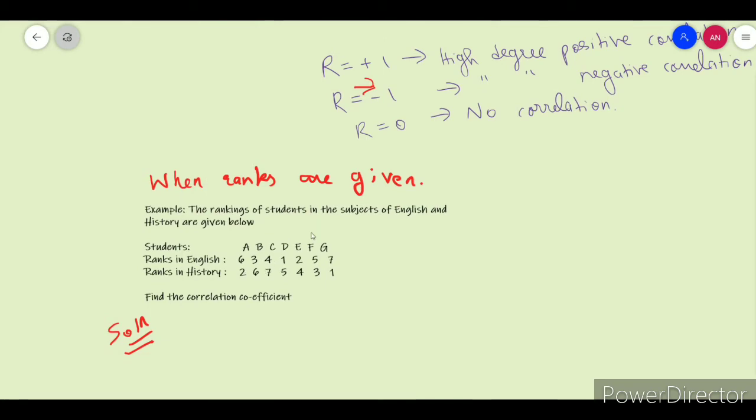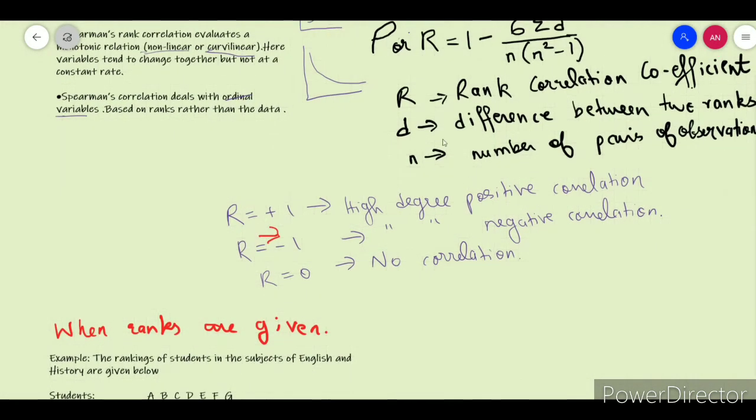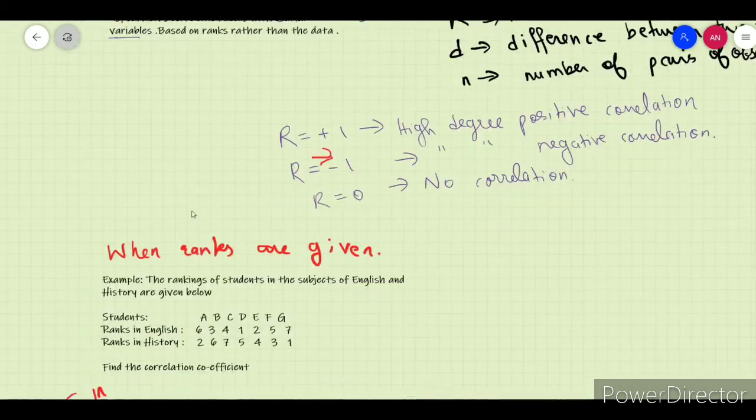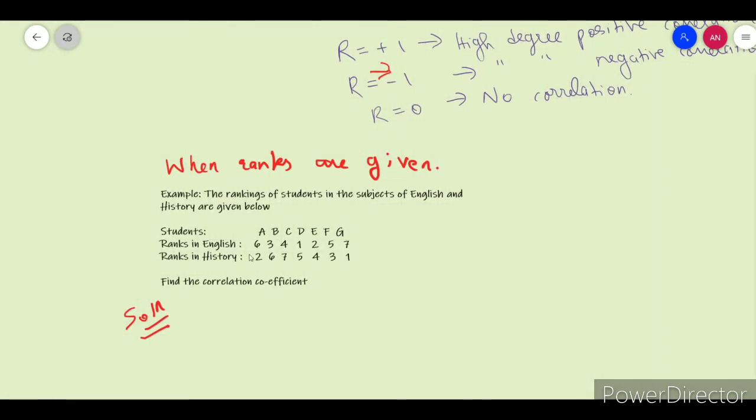So we have to find the difference of those ranks, add them all together, and n here is nothing but the number of pairs of observations. Which means we take a pair of data and find the difference of the ranks of those pairs. This is one pair over here, this is another pair, and so on.